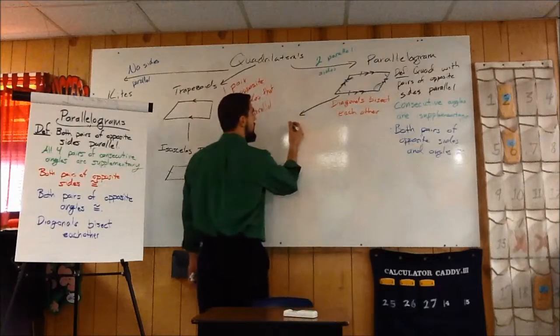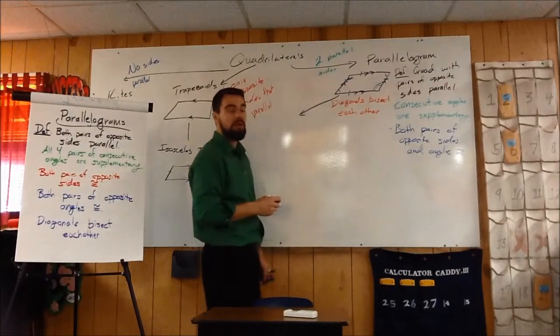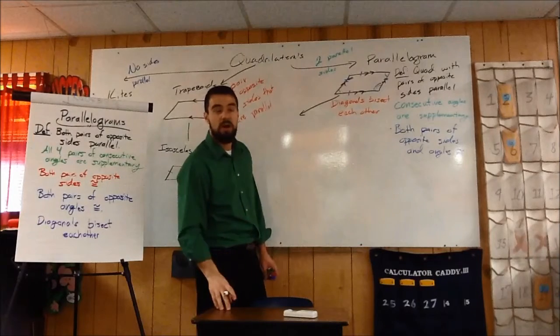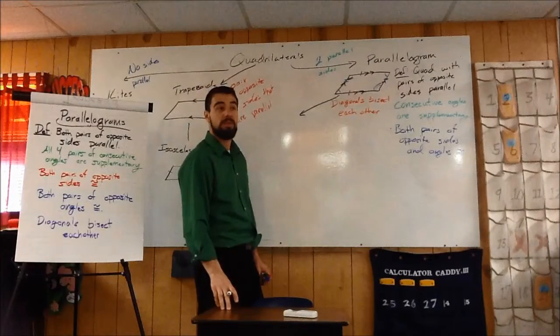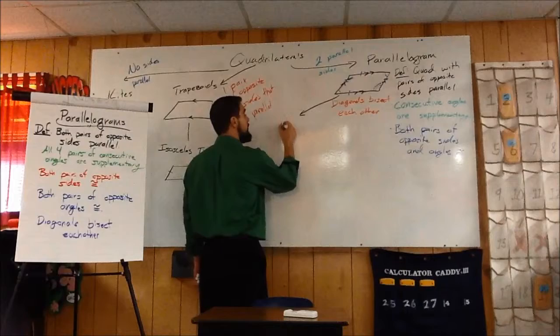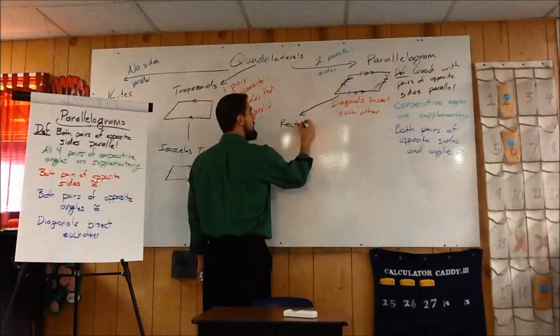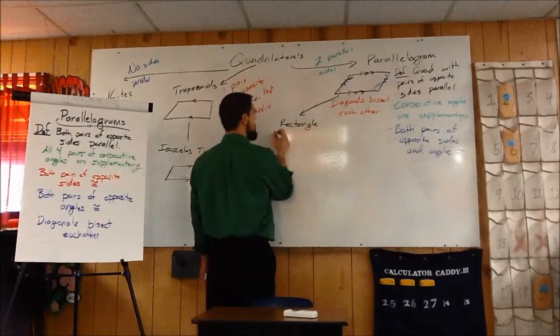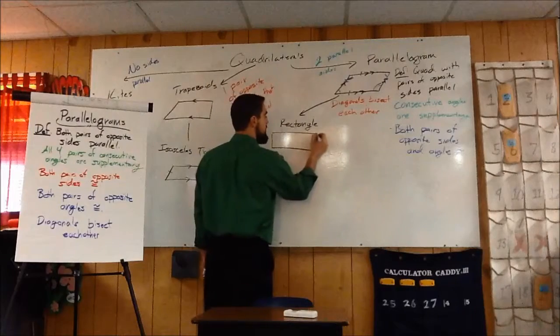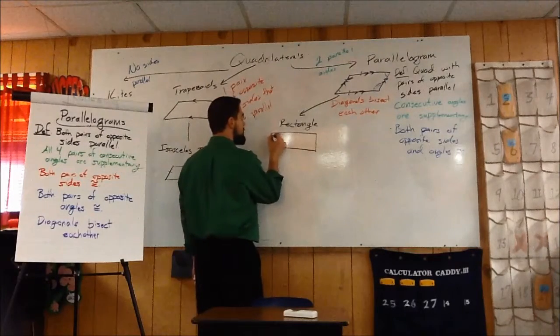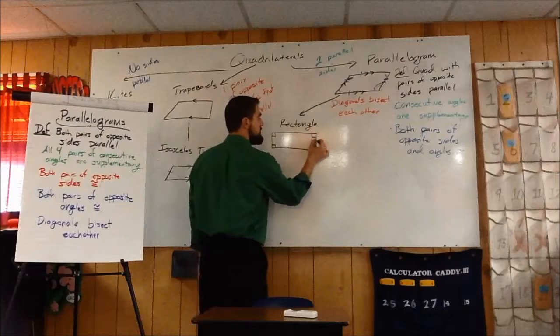So what do we call a parallelogram with all congruent angles, with all right angles? Rectangle. Okay, we don't know anything about the sides yet. Rectangle. And so you guys have heard of this before. Rectangles.